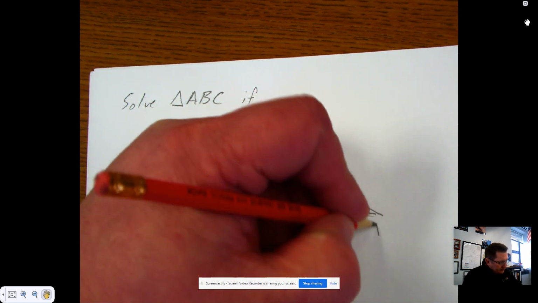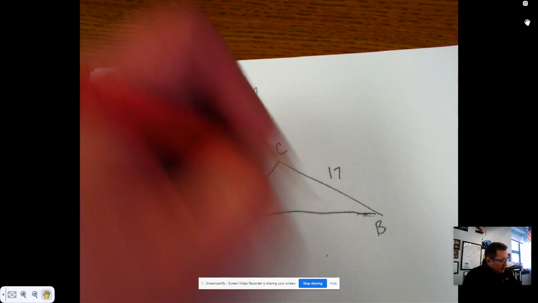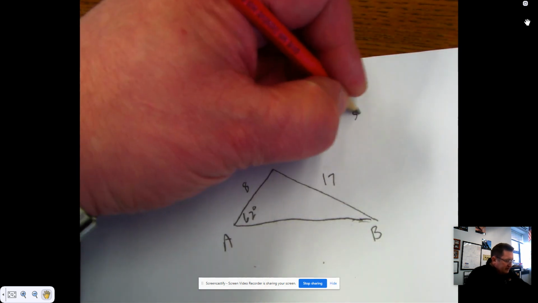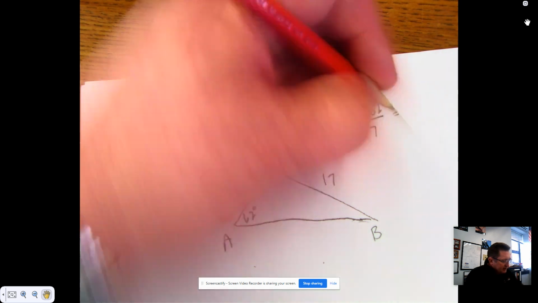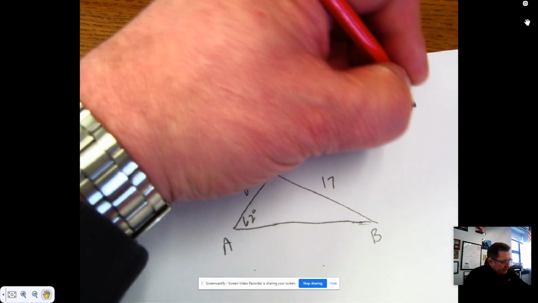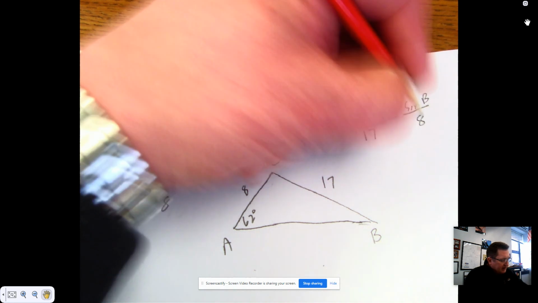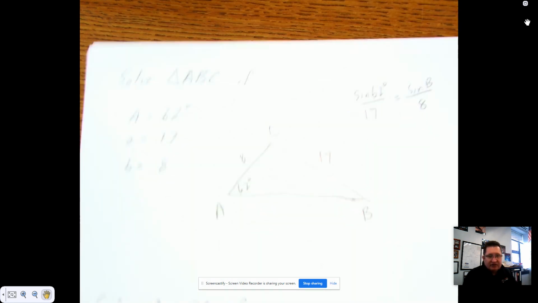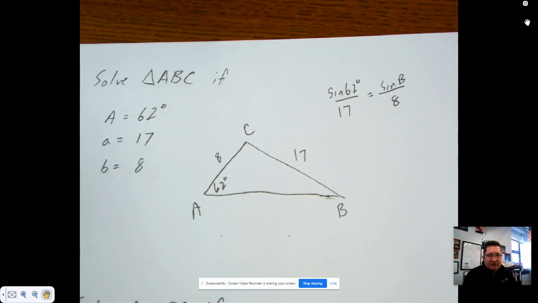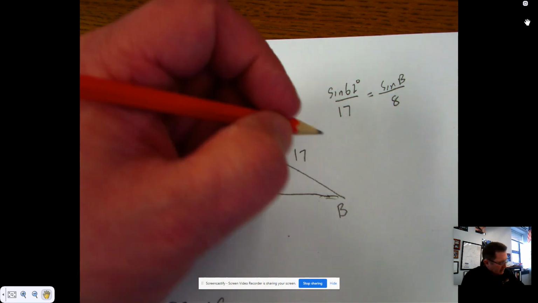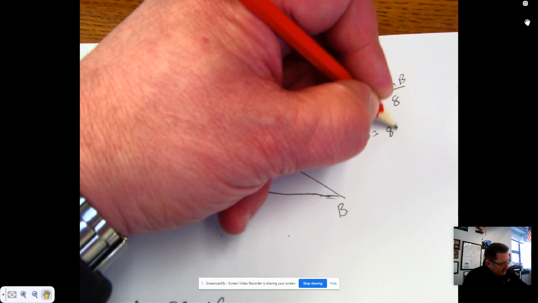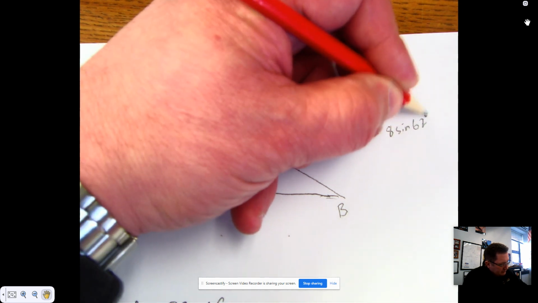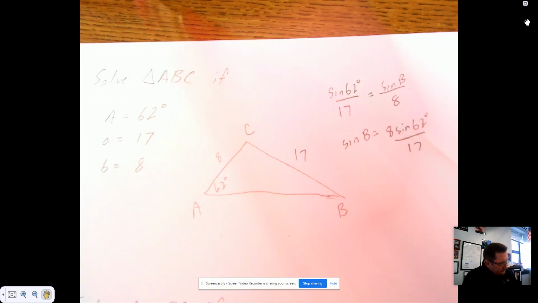We could say that the sine of 62 over 17 is equal to the sine of B over 8. Then, in a way that we're used to doing, we cross multiply and divide. So sine of B is 8 sine 62 over 17.